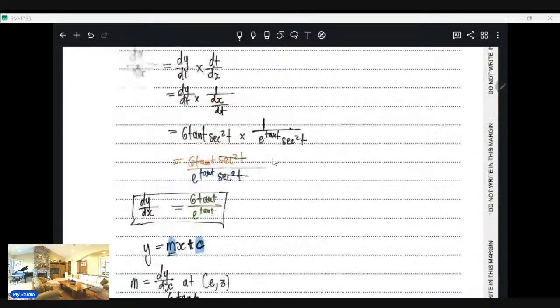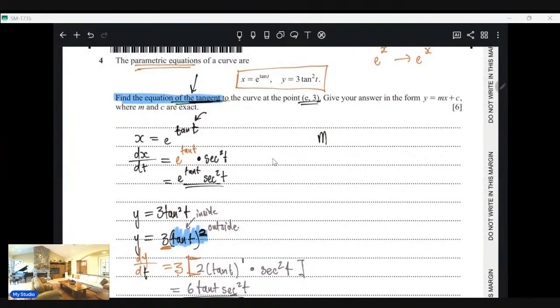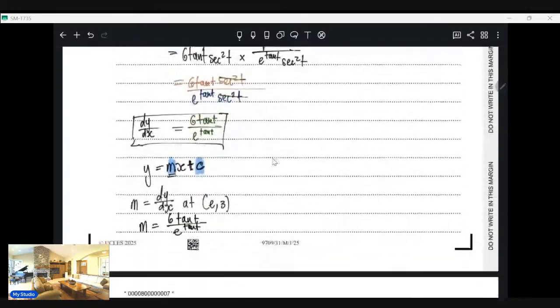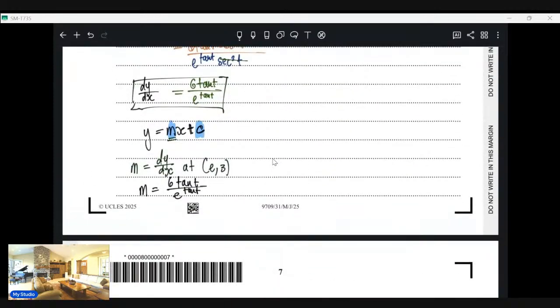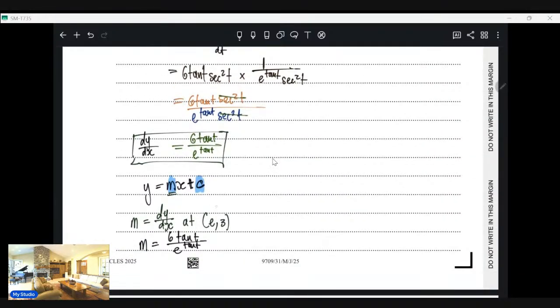Now, m will be equal to... this here is x, this is y, right? Can you see? So we have to put in the point. When we put in the point, we always feed in this one. This is the point that matters.